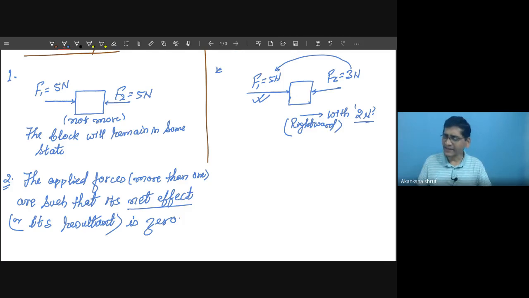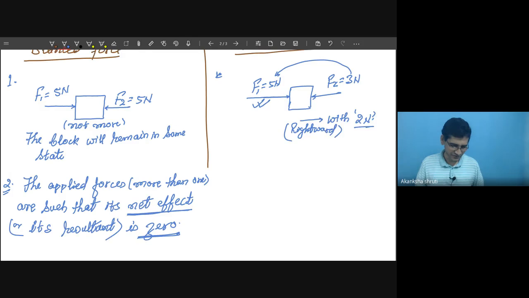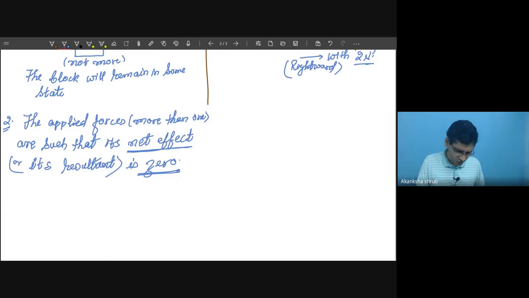Means no effect can be observed. So if the net effect is 0 or resultant is 0, then such forces are called balanced forces. Means equal and opposite forces. So write down the example.